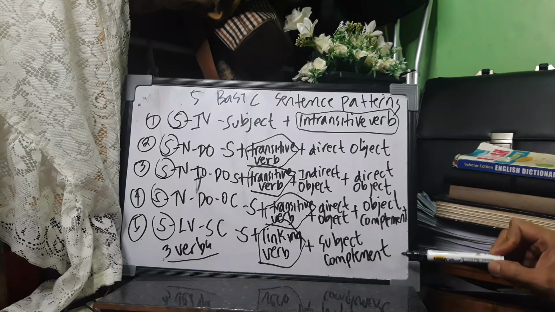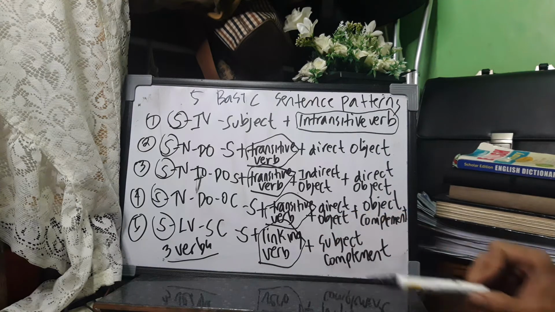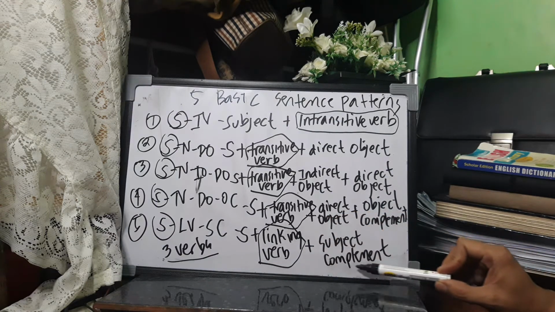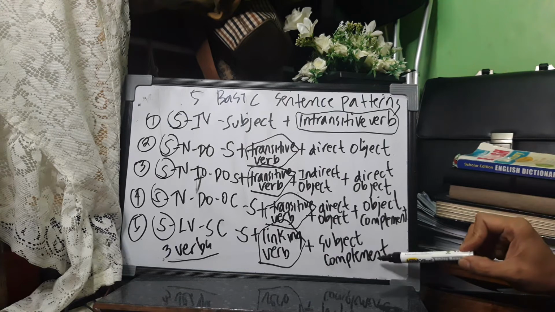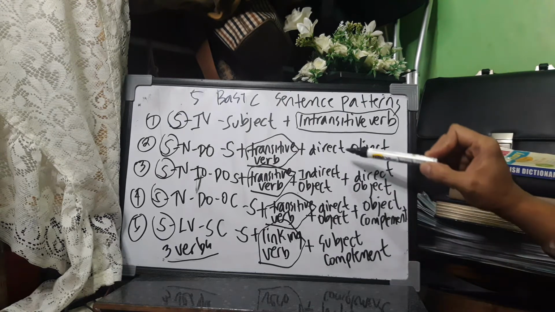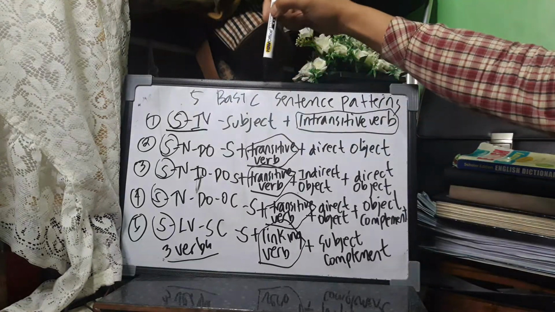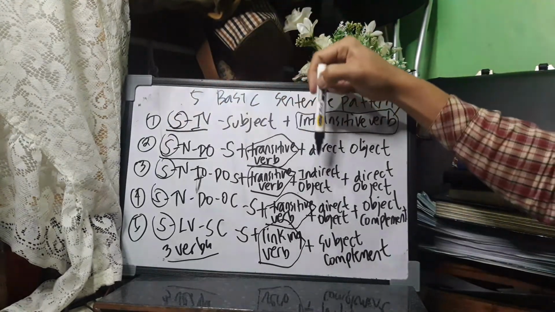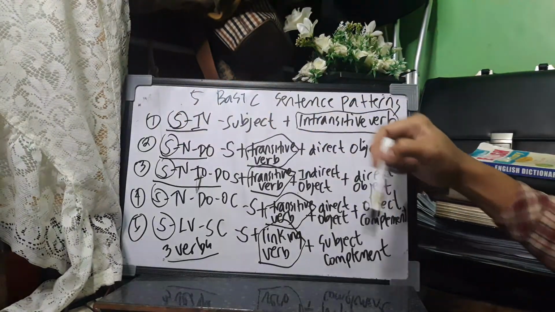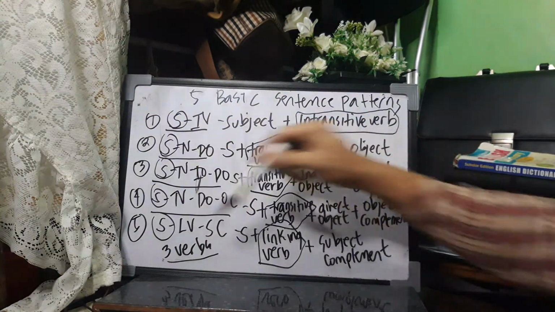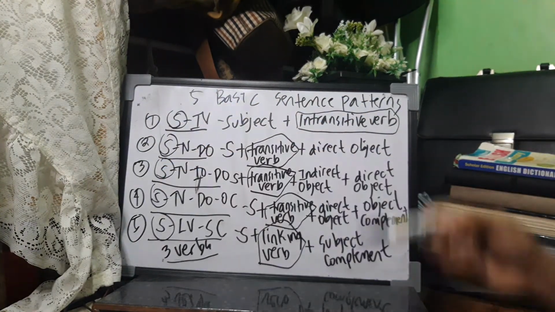And sentence pattern number five, we have the subject plus the linking verb plus subject complement. You can easily remember them, guys, using these clues that I made: SIV, STVDO, STVIODO, STVDOOC, and SLVSC.